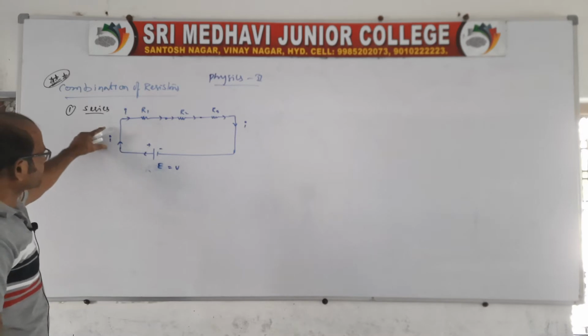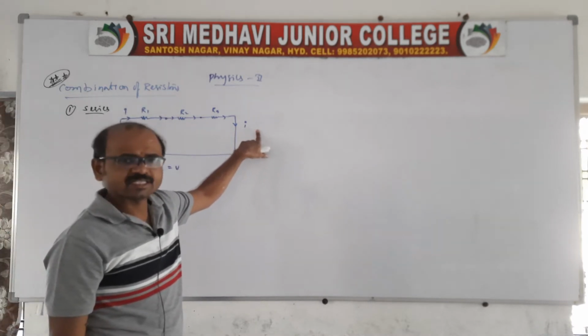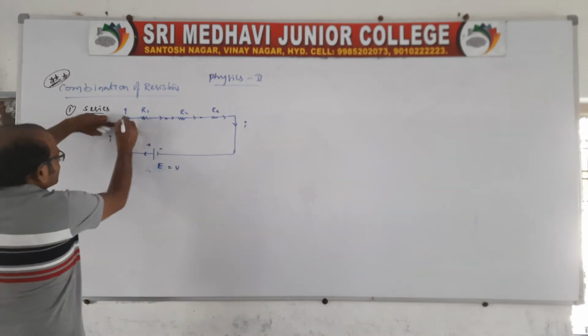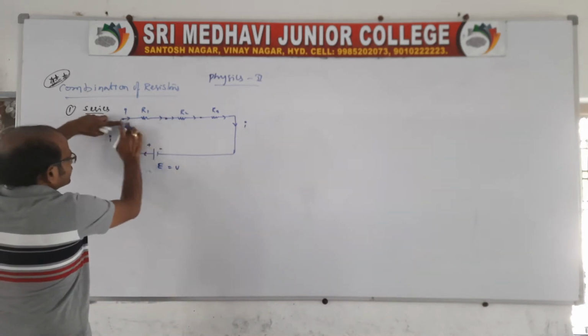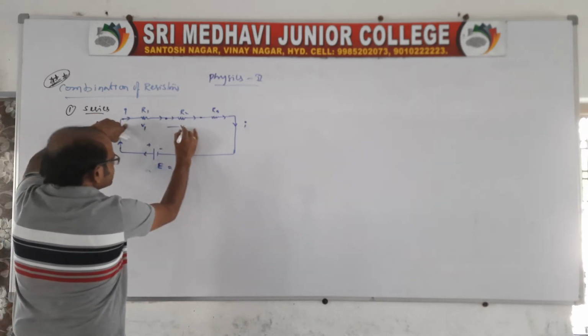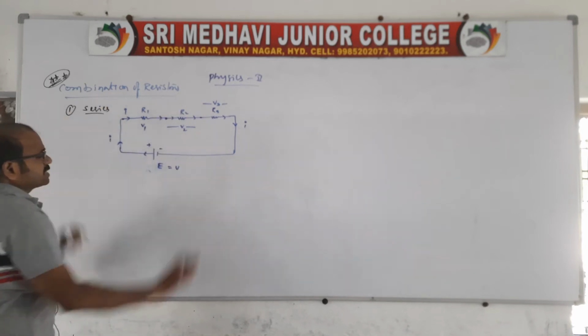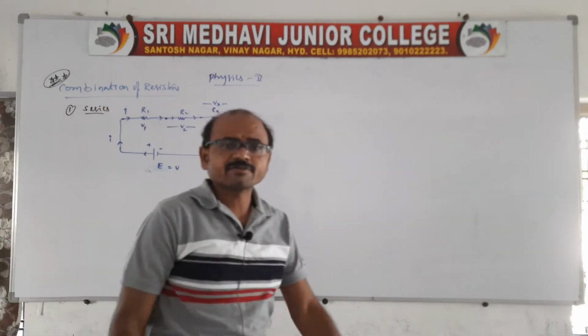Suppose 5 ampere enters, then 5 ampere leaves. This is the rule. The potential differences across the resistors are V1, V2, V3 and so on, whereas the current remains the same in a series combination.